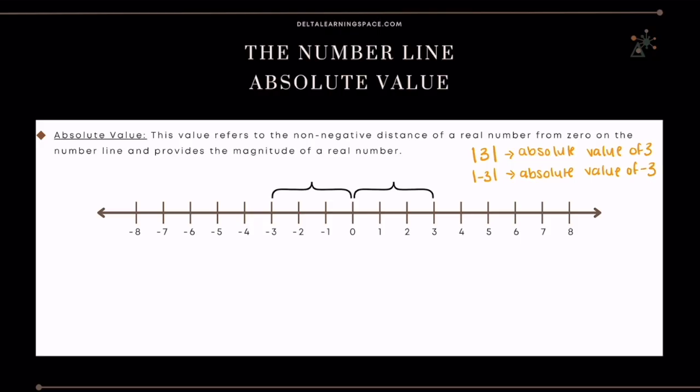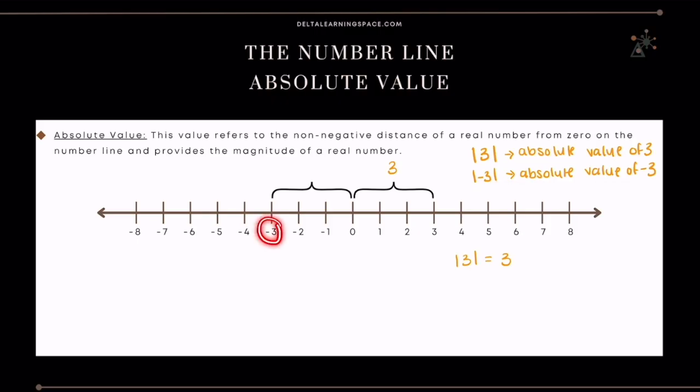And so if I want to find the absolute value of 3, I'm going to take a look at my 3 on the number line and see how many spaces it takes to go from 0 to 3. It takes 3 spaces, and so the absolute value of 3 will equal 3. So now I can take a look at the absolute value of negative 3.